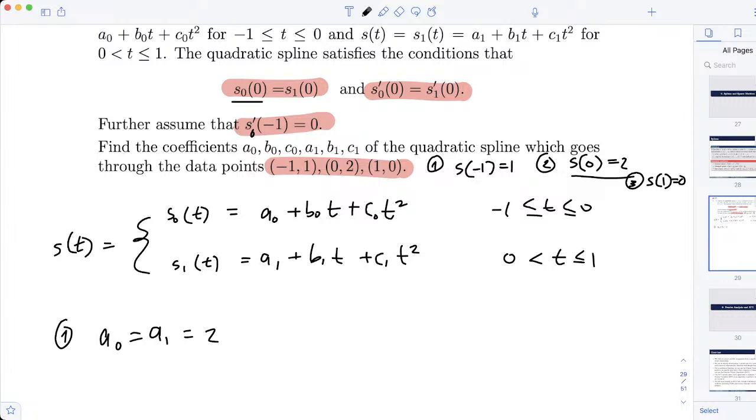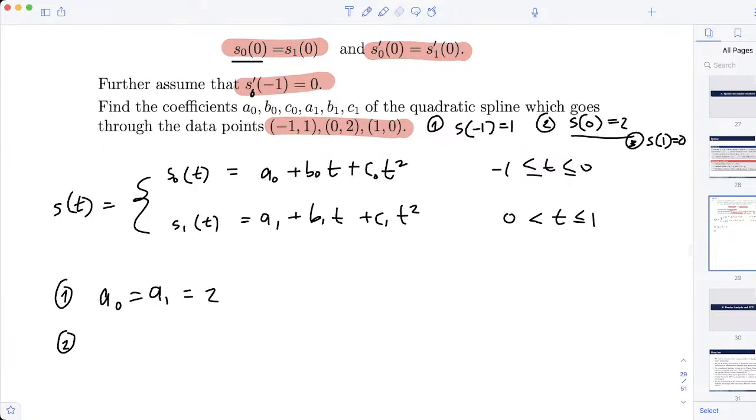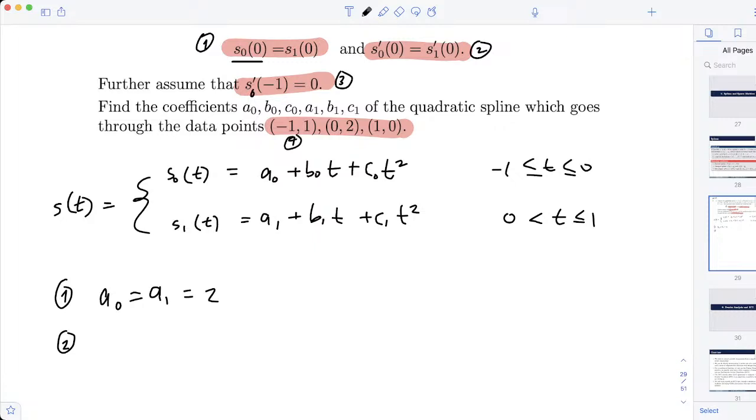We can look at the second condition over here now. I should have probably labeled these different things. That's our first condition. Second condition, third condition, fourth, fifth, sixth. So this first one over here used our fourth condition plus the first condition.